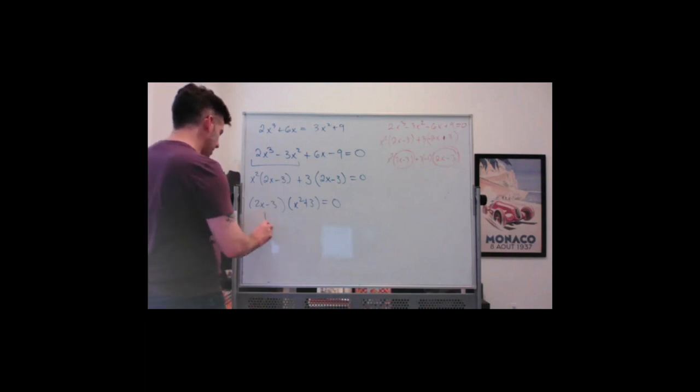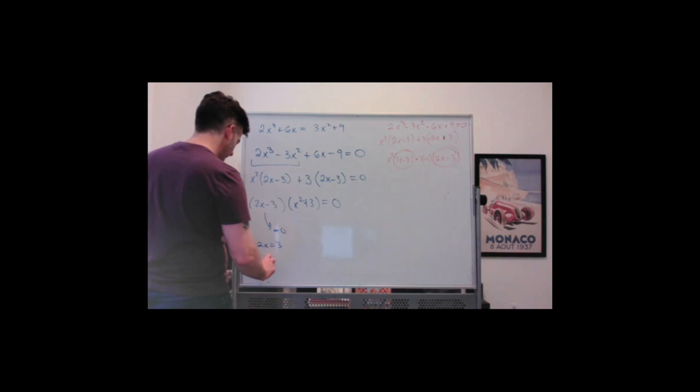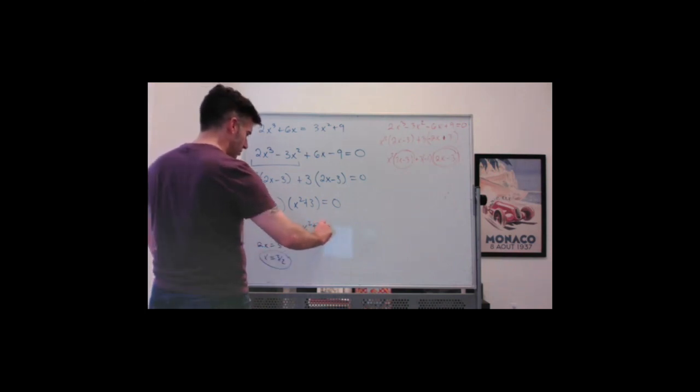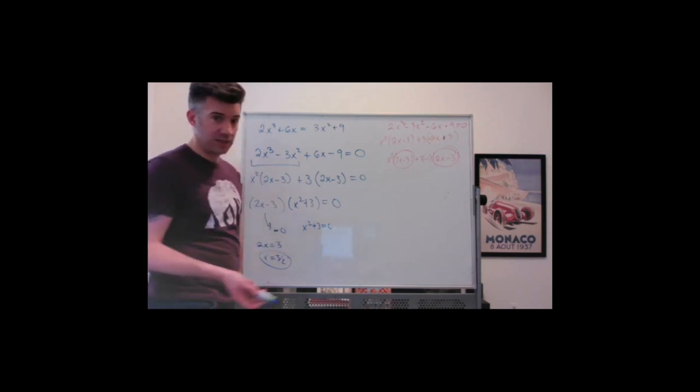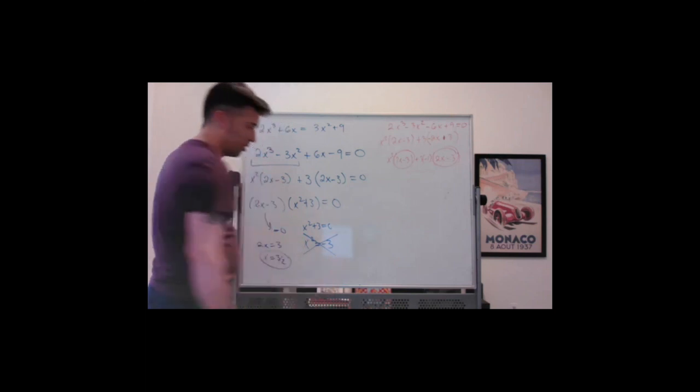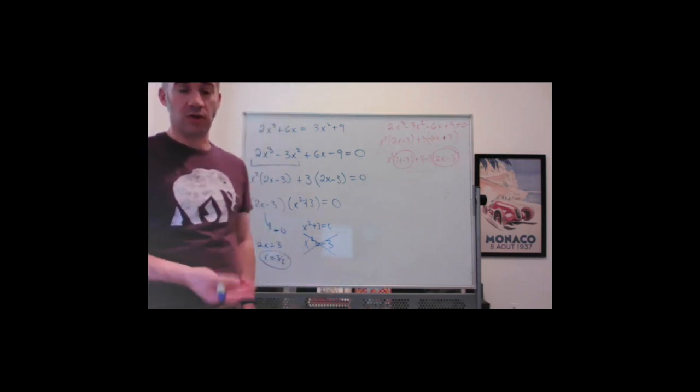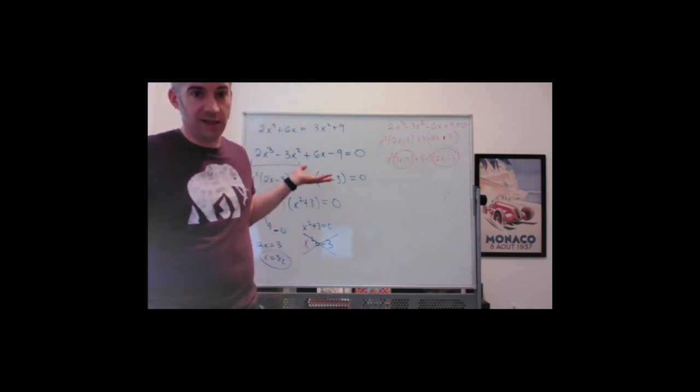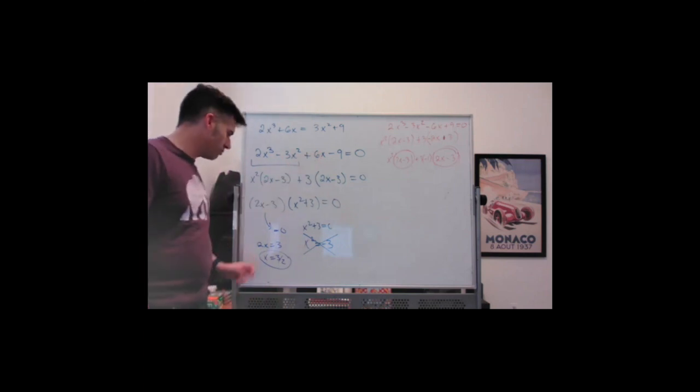If we set the first factor equal to 0, we get 2x equal to 3, so x equal to 3 halves. If we set the other equal to 0, we get no real solutions because we end up with x squared equal to negative 3, and we know that there aren't any real numbers that when you square them are negative. So we're done. Our only solution is x equal to 3 halves.